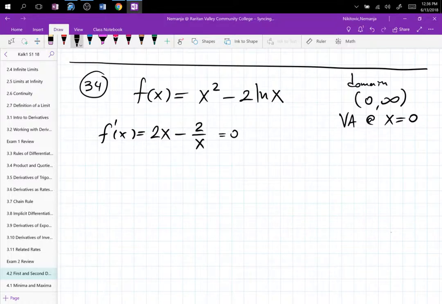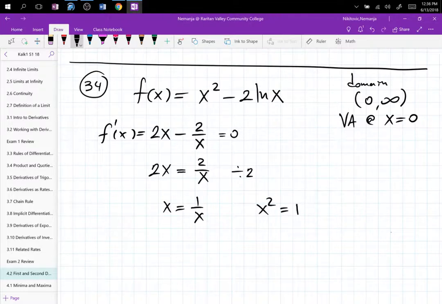Well, to solve this equation, move 2 over x to the other side. So we have 2x is equal to 2 over x. Divide both sides by 2. We just have x equals 1 over x. Move x to the other side. We get x squared equals 1, from where x equals plus or minus 1.